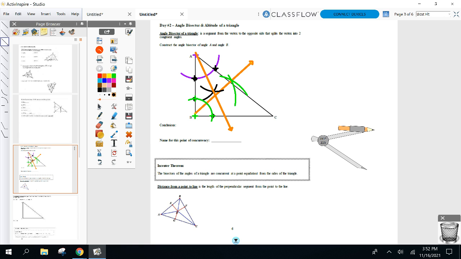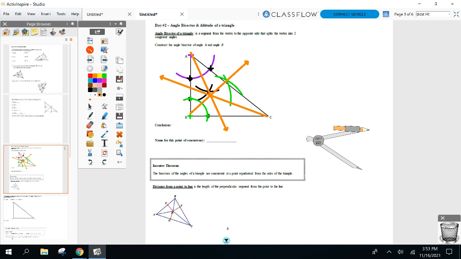Now, if I had you do it for point C, we're not going to do it, 1 for time's sake, and 2, you can see my diagram's already getting pretty crowded with all these arc marks. If we did the angle bisector for C, you would be absolutely correct in your thinking that the angle bisector for C would intersect the other 2 at the same point. So what can we say about the angle bisectors of a triangle?